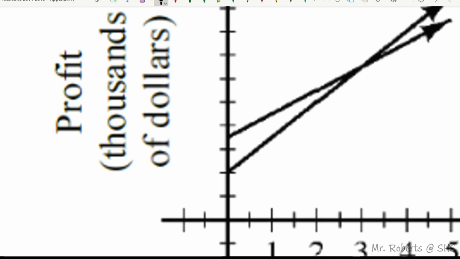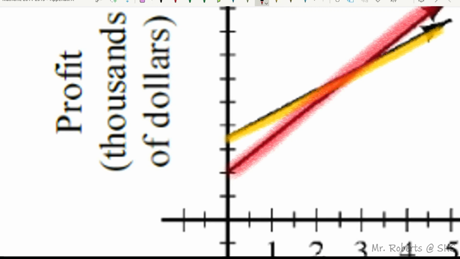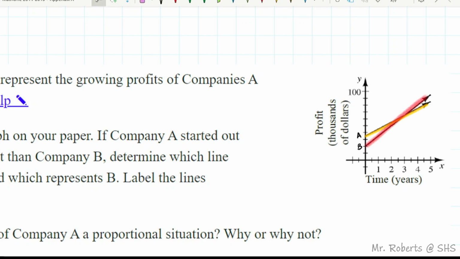So that would mean that this line would have to be company A, right? And this red line would have to be company B, because company A started out with more profits than company B. So that's my answer for part A.